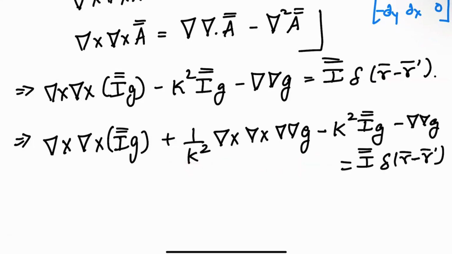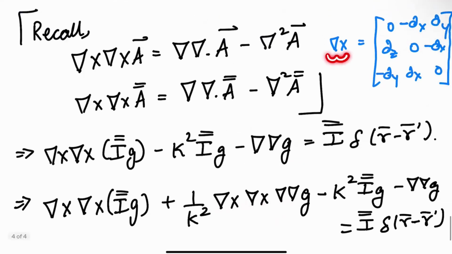Why is it 0? You have a matrix here, you have a column vector and a row vector, right? So, of course, since they are next to each other, you can multiply this matrix with this column vector. But we know that curl of gradient is 0. And you can check that for yourself. You can use this matrix for the curl.